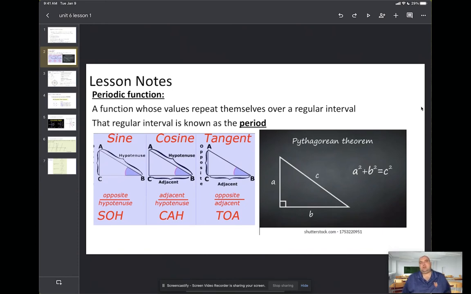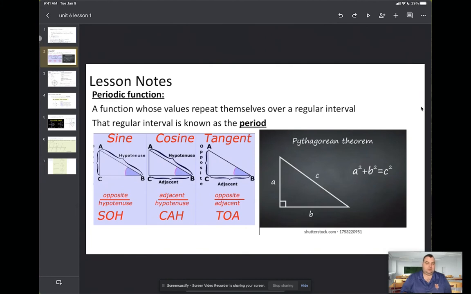So we're going to go a little more in depth into the sine, cosine, and tangent stuff that you learned about in geometry. And we're actually going to apply it to circles. We're going to apply our knowledge of sine, cosine, and tangent, and angles, and Pythagorean Theorem. We're going to apply all that to circles.